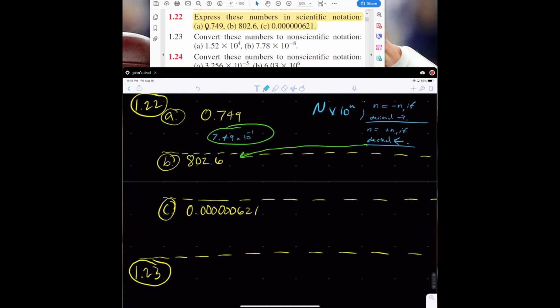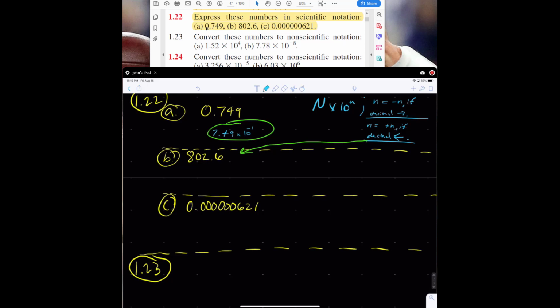We're given this original number, 802.6. We need to convert it to scientific notation. So here's our decimal, we have to move it to the left 1, 2 in order to get our N, which is equal to 8.026. Since we had to go to the left, we know that our lowercase n, our exponent, will be positive.